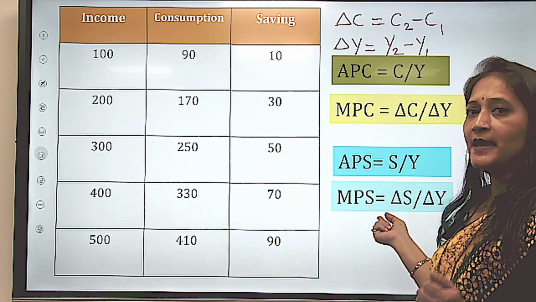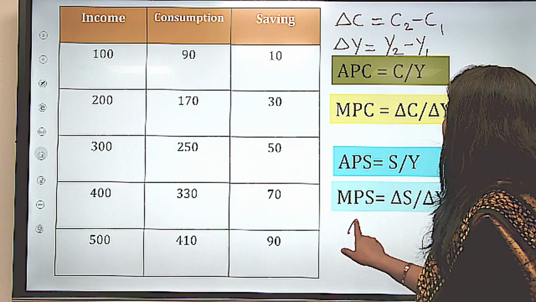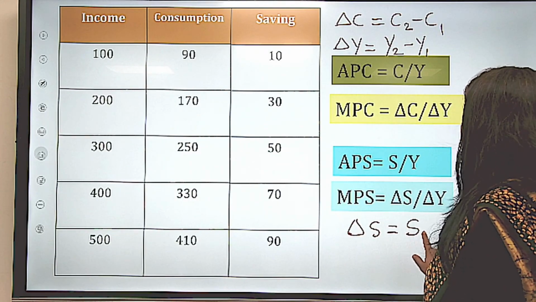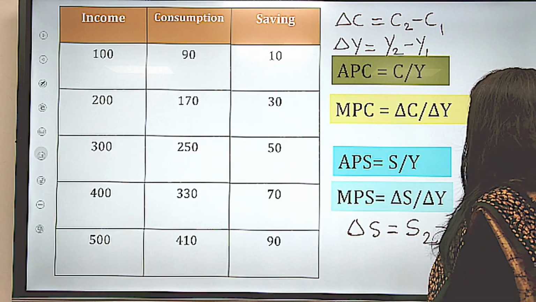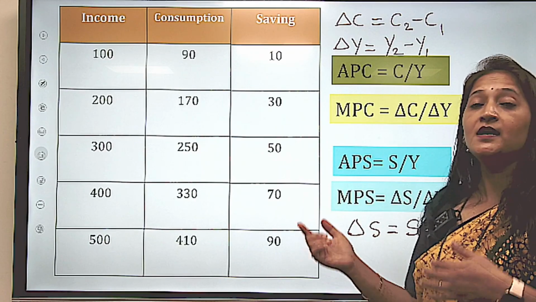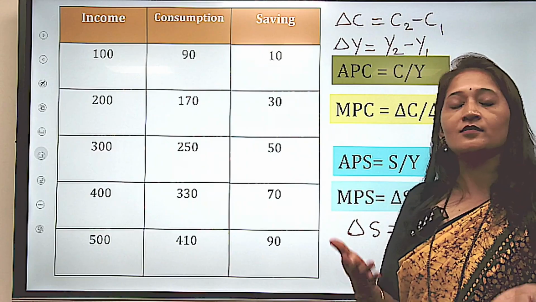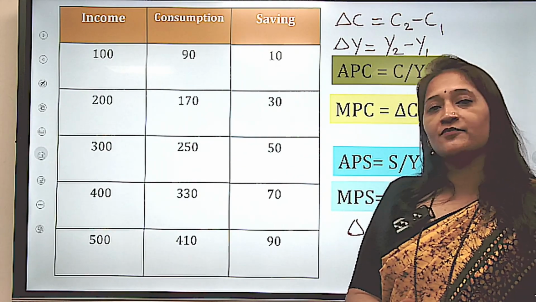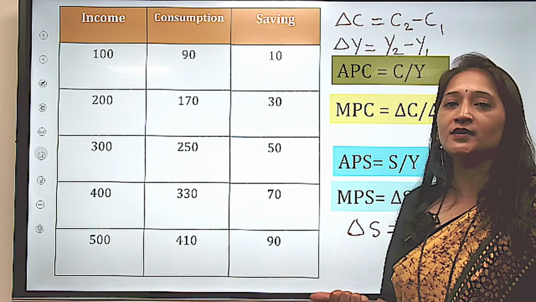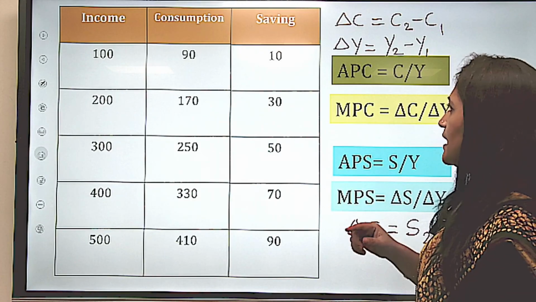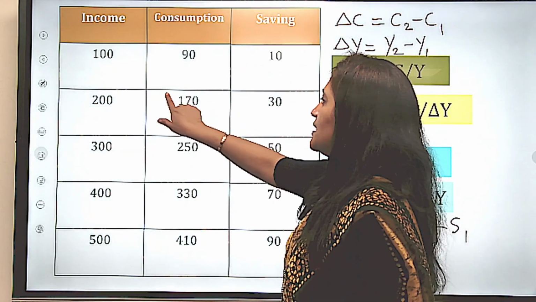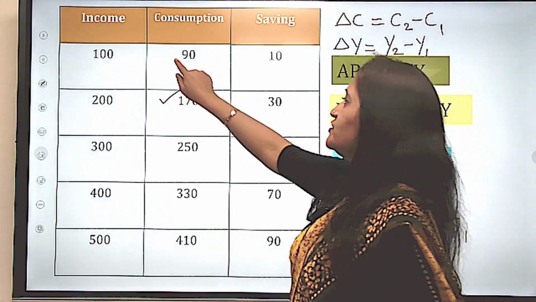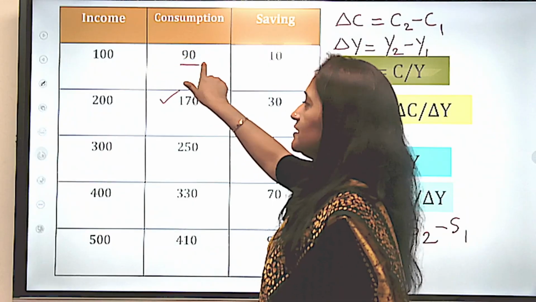Similarly, for delta S, you will be using the formula S2 minus S1, that is current savings of the country minus last period's saving, which will give you the change in saving. Take for example, if current consumption is 170, and last year's consumption is 90.